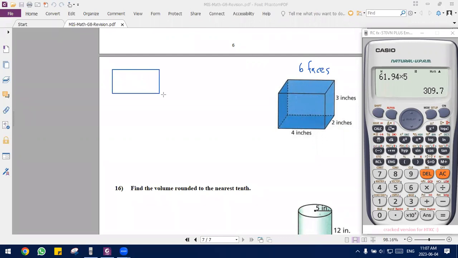So let me draw the front. It's 4 by 3. Then let me draw the side here. Side is 2 by 3.